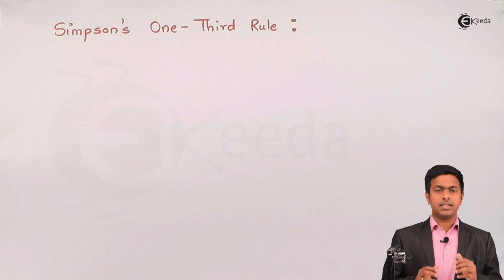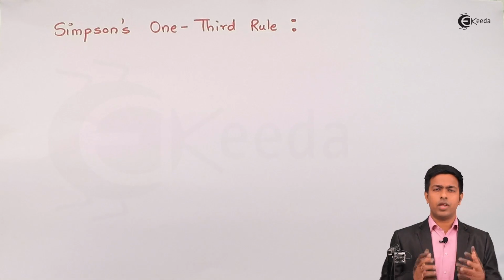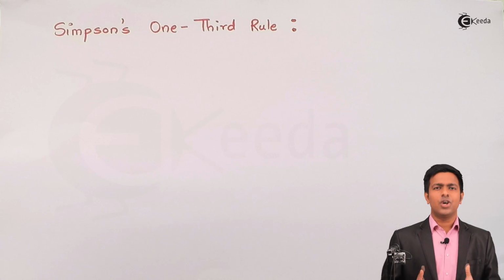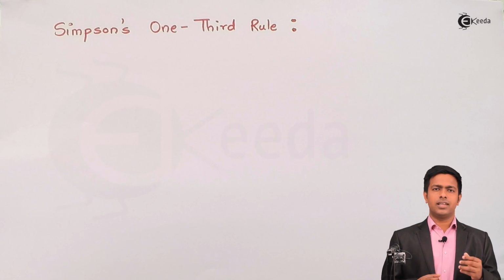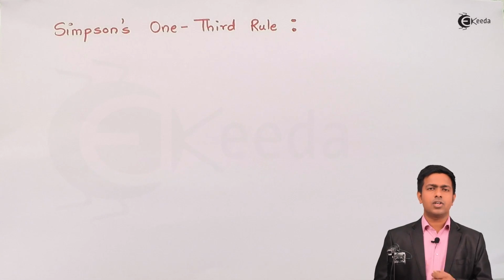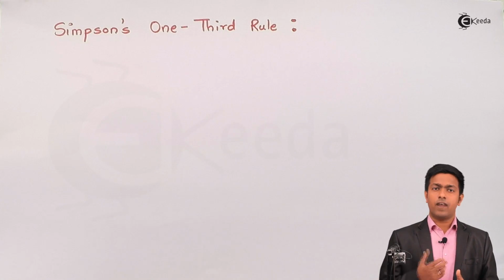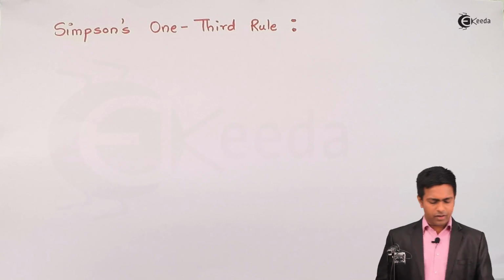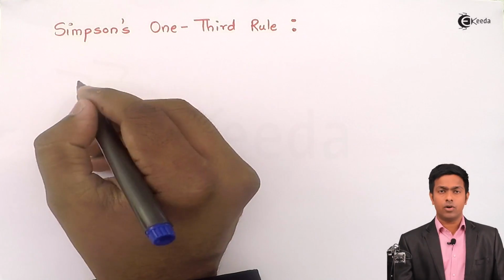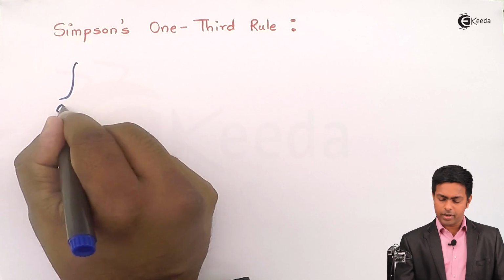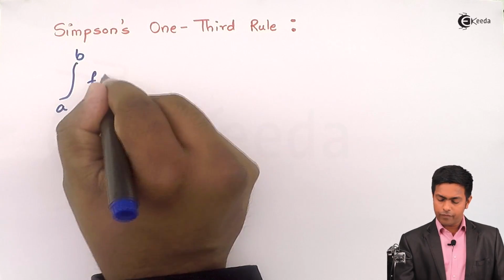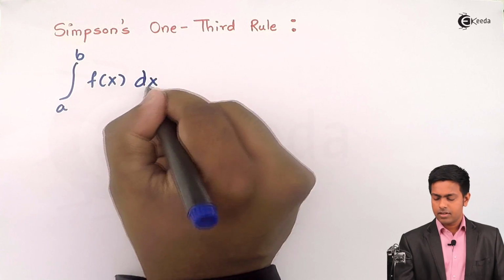Now in Simpson's one-third rule, we are going to use the method of statistics, where by using the values of certain intervals we get the value of the definite integral. In a definite integral we have an upper limit and a lower limit, let's say from a to b of f of x dx.